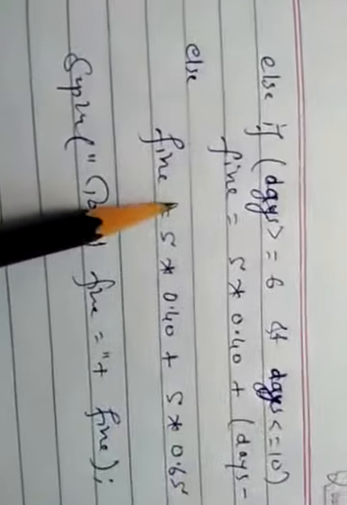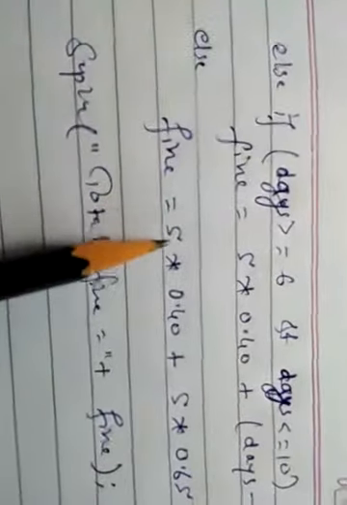And next, above 10 days, the fine will be 5 days at 40 paise per day and 5 days at 65 paise per day plus (days minus 10) into 0.80. So here we will print the total fine.